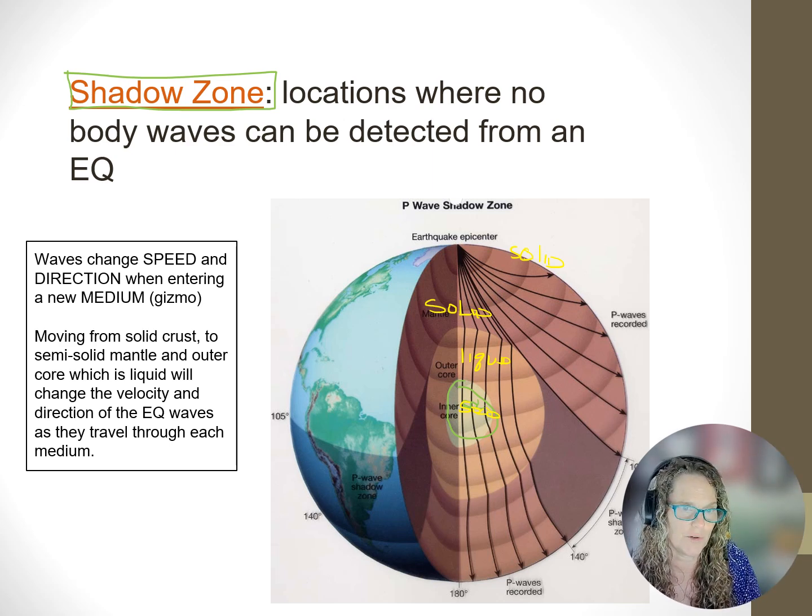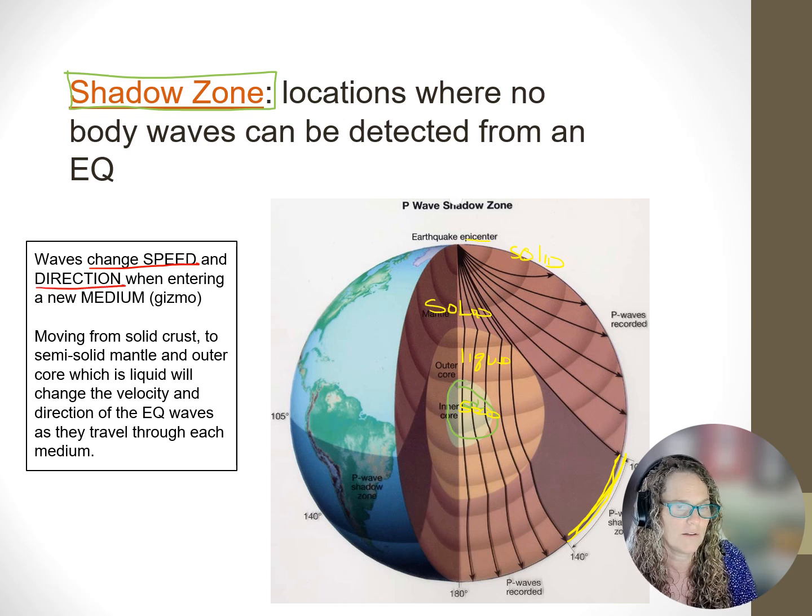So these P waves, when an earthquake happens, let's look at this graphic. Here's our epicenter, where the earthquake's coming from. The P waves are moving through all of the layers. So you can see all these P waves. But there's this weird layer, and my recording head is in the way, but there's a place where they're not detected. And sometimes when the waves are moving, like I was trying to explain, they change their speed and direction when they enter a new medium.